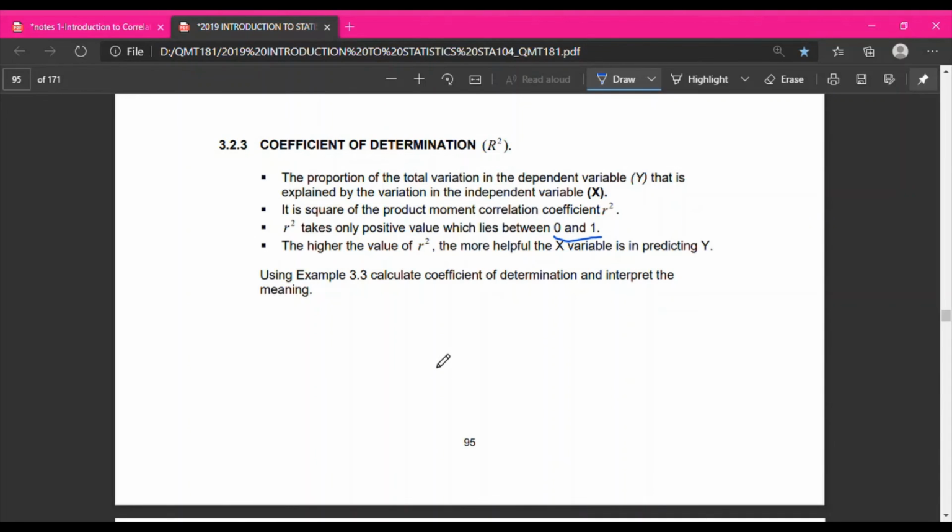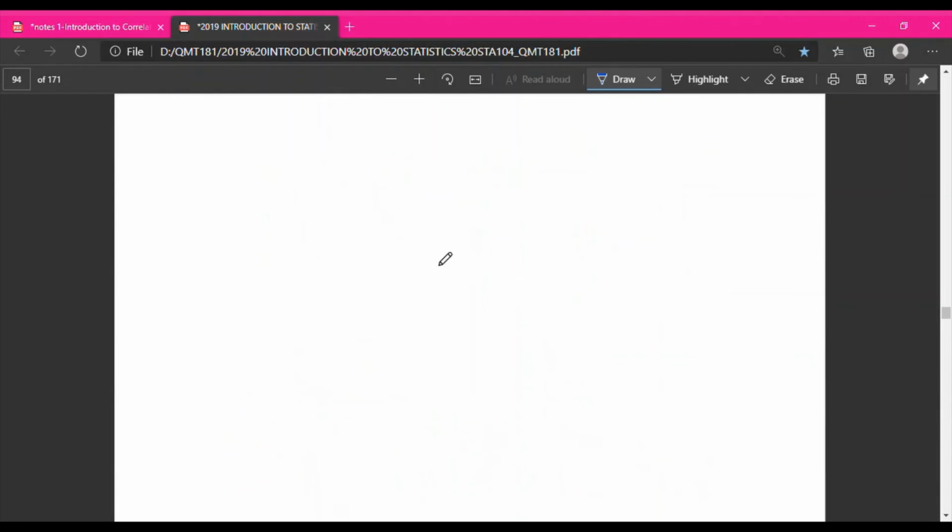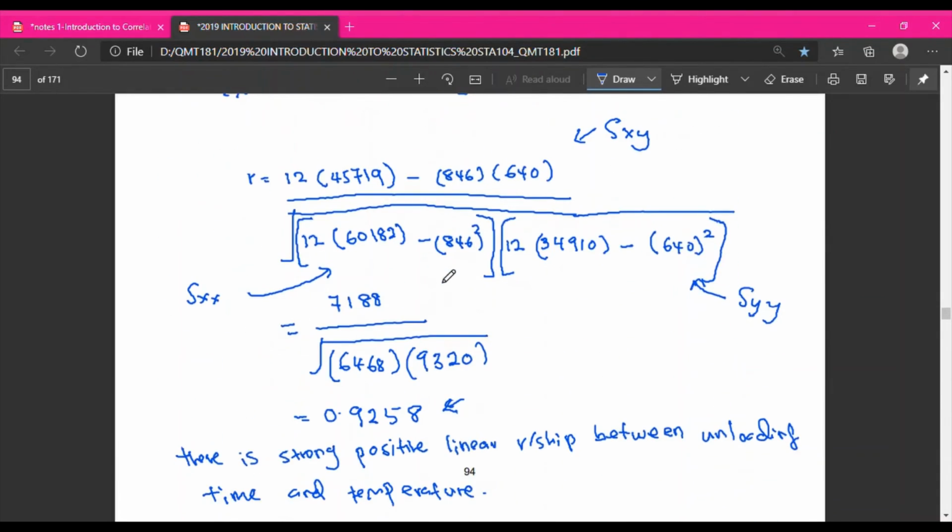Okay, understand? Let's say from the previous example, we have r as 0.9, what was it? 0.9258.